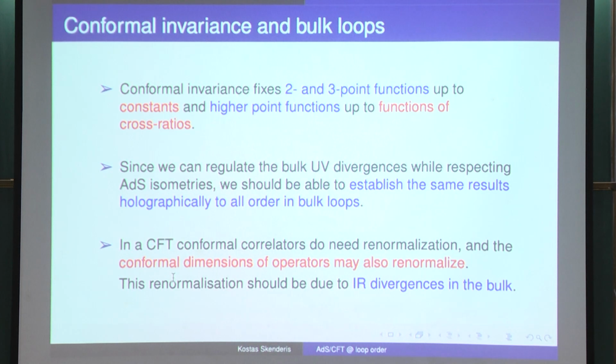So this means that in AdS/CFT, that should come from infrared divergences. You should be able to show this without having to compute 6, 7 loops. I'll show you in a minute a general proof. Yes, I will sketch it rather than showing it.